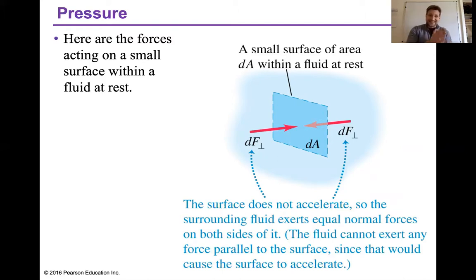And the fact that it stays there means that we know there is some force on that piece of plastic, on this small surface area, from the water in which it is submerged, but this little piece of plastic does not accelerate.